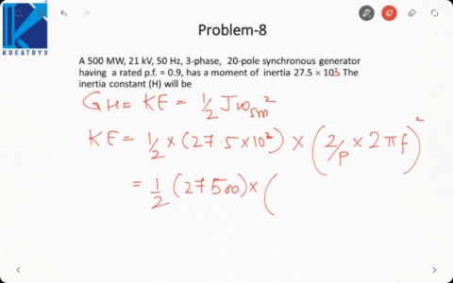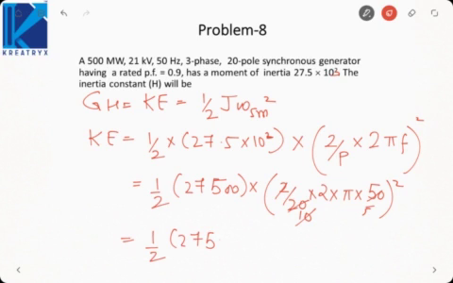How many poles are there? 20 poles. So 2 into pi into frequency, which is 50. So this will be half into 27,500 into 10 pi square. This is the kinetic energy. Now H will be this divided by G.